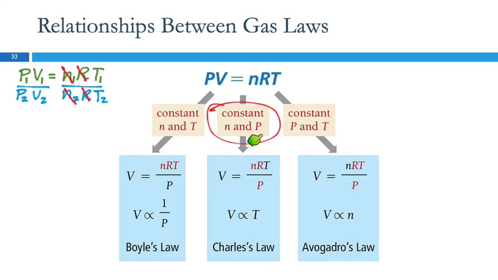And this also says the pressure is constant. Whatever the initial pressure is equal to the final pressure, and so those cancel out. And so then we've got V1 over V2 is equal to T1 over T2, which looks a little bit different than Charles' law, but if we rearrange that, we get exactly the same thing.